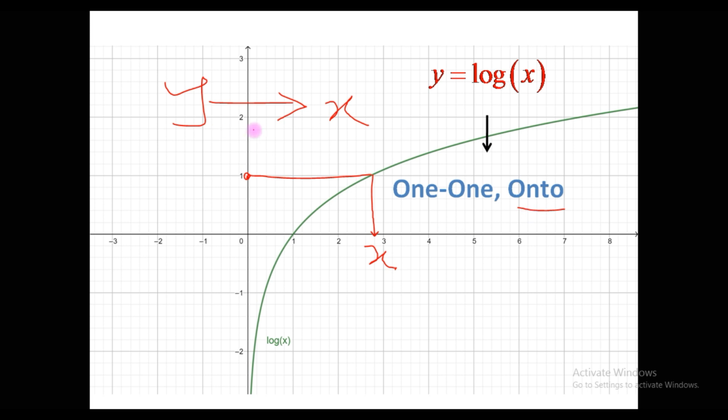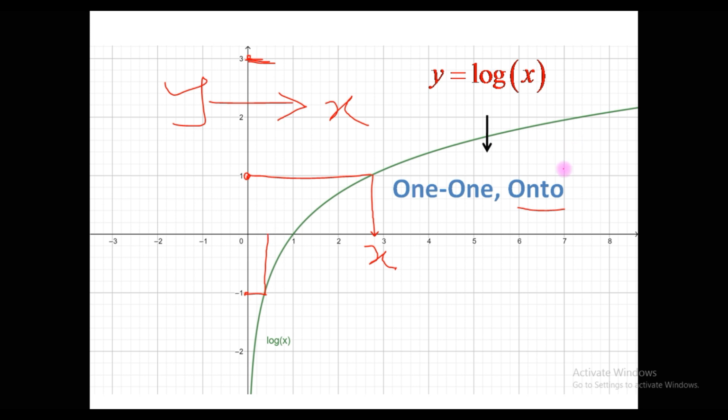For every value of y you take, see here 3 is also there, but I know this graph is going to extend further. So somewhere I am going to touch this graph, and for that value I am going to get some value for x. Or you may see here for y is equal to -1. If I draw here, it touches this graph at this point and I am going to get the value of x.